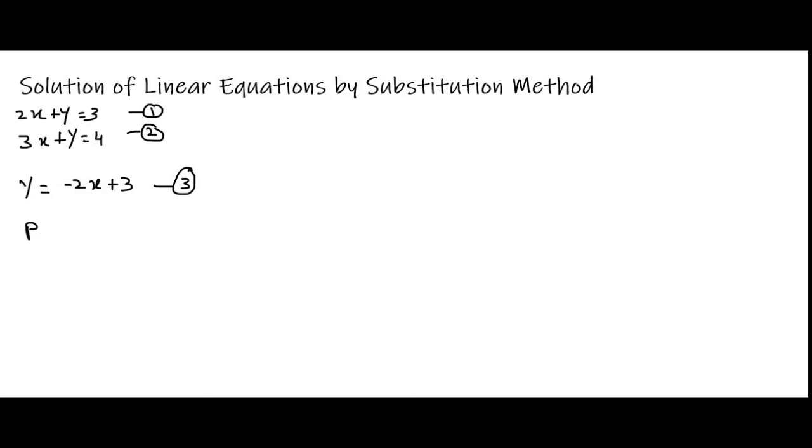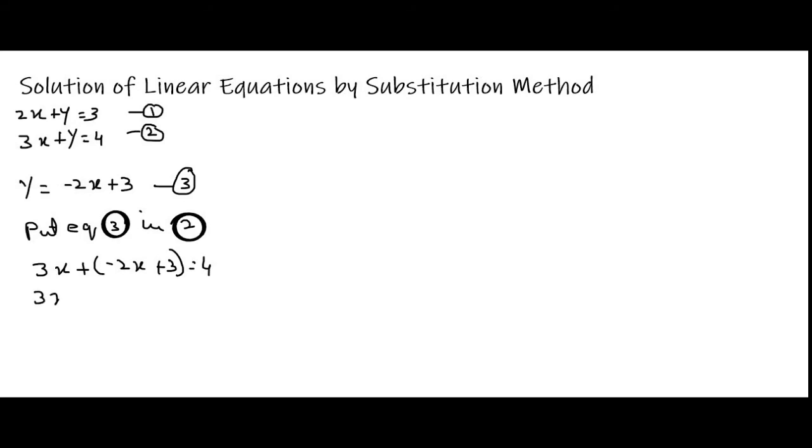Now put this equation, which we have marked as equation number 3, in equation number 2. So put equation 3 in 2, we get 3x plus minus 2x plus 3 is equal to 4.